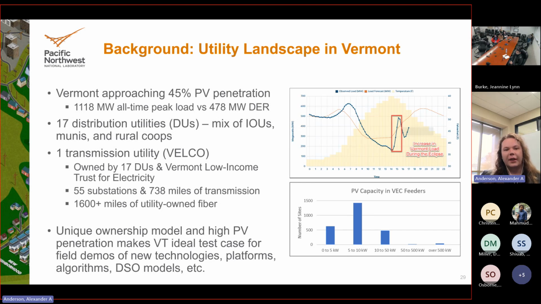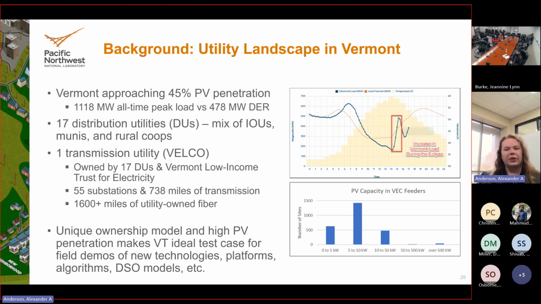The transmission operator has an all-time peak load of about 1,100 megawatts across the state and going on nearly 500 megawatts of DER. This is all distribution connected rooftop solar and distribution connected solar farms.